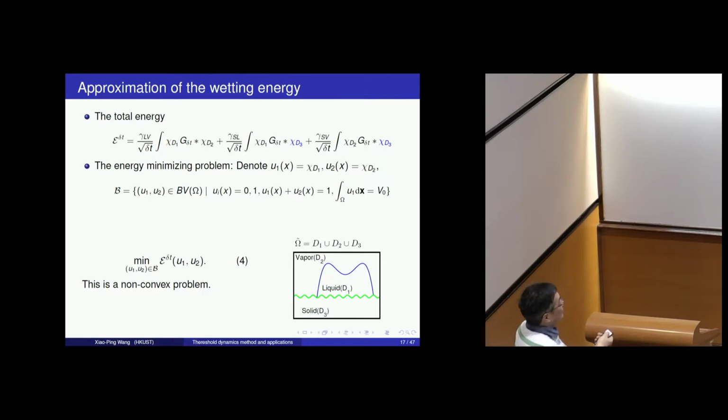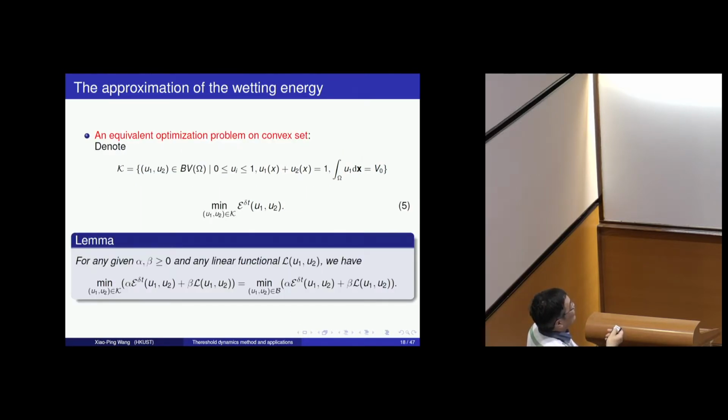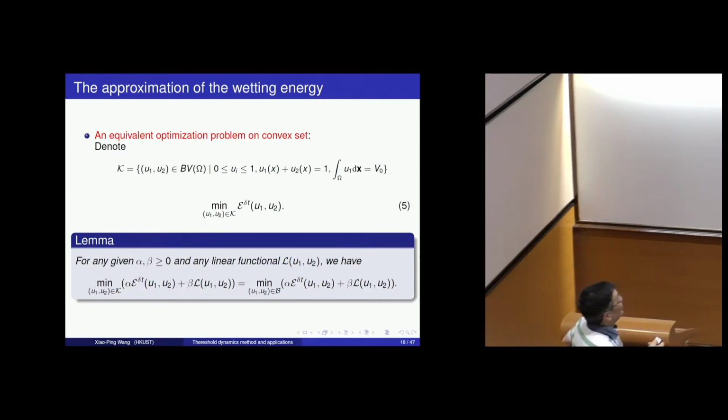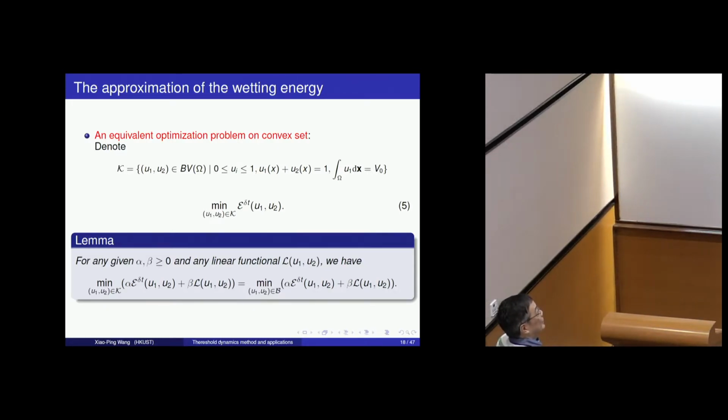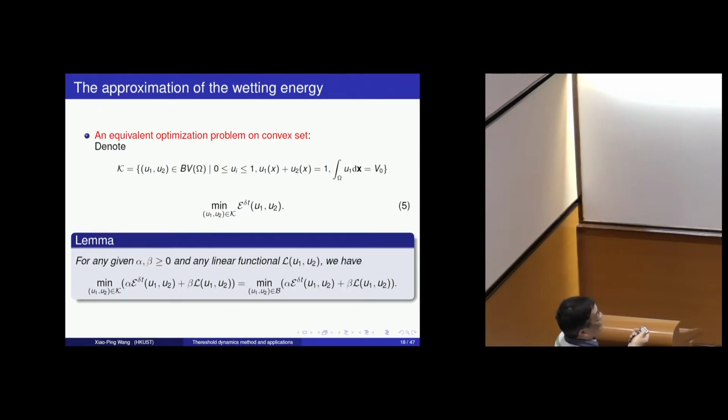But this problem is non-convex, because the domain is a non-convex domain. But you can relax this condition to a convex optimization domain by allowing, instead of characteristic functions, U1, U2 functions between 0 and 1, but with the constraint that they add up to 1 and the volume is given, the integration of U1 is given.